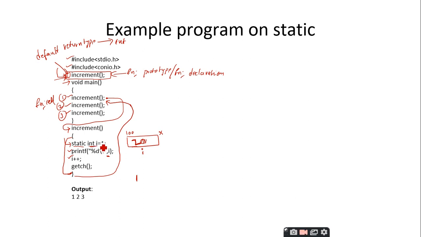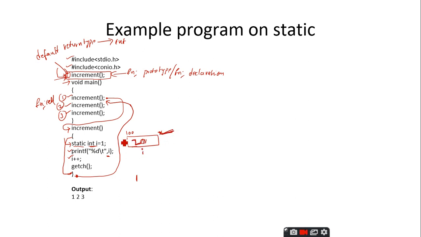So when you request the compiler to make the variable static, you are asking the compiler to please retain the value of the variable I during function calls. Right. So at this point, when the control is returned back from the called function to the calling function, you observe that the variable I is still alive. It is not dead.